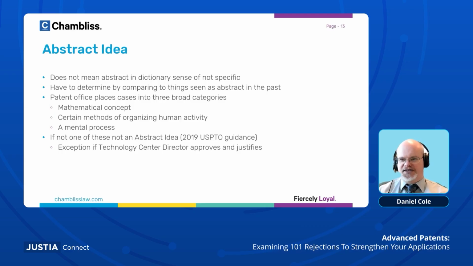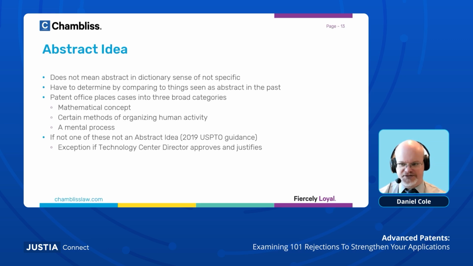But the Supreme Court has refused, maybe not too strong a word, to really define what they mean by an abstract idea. Basically, what they have said is, we'll look at the things we have said that are abstract in the past. If it is like those things, it is abstract.